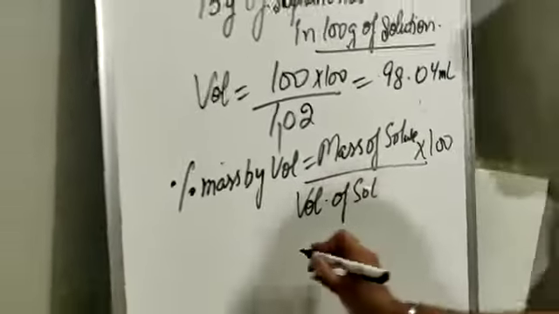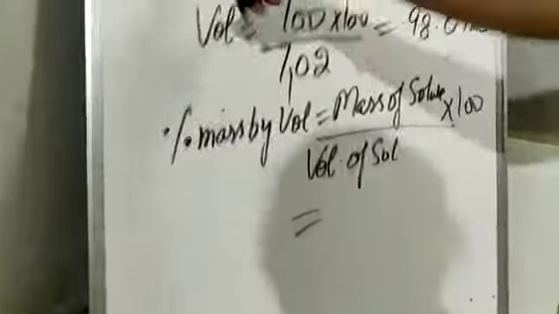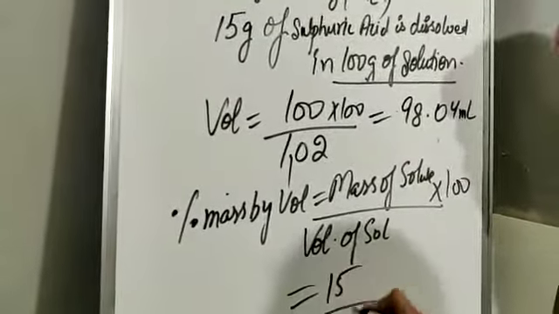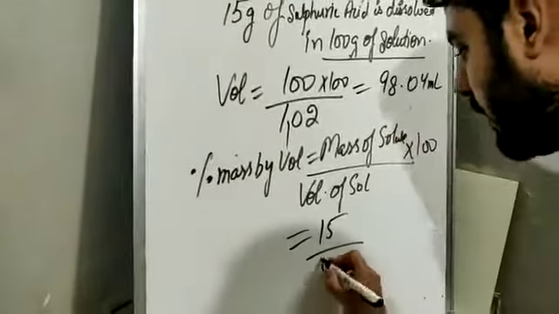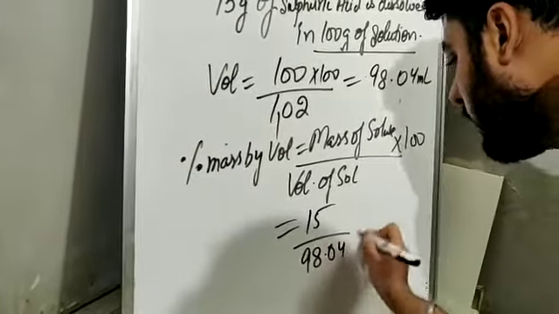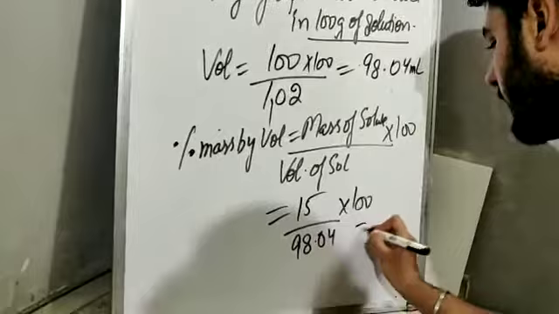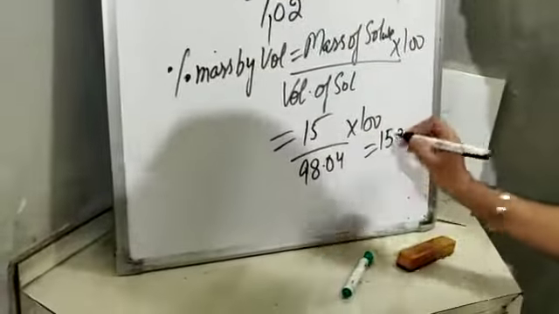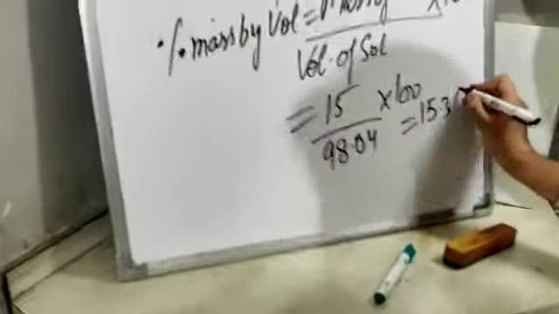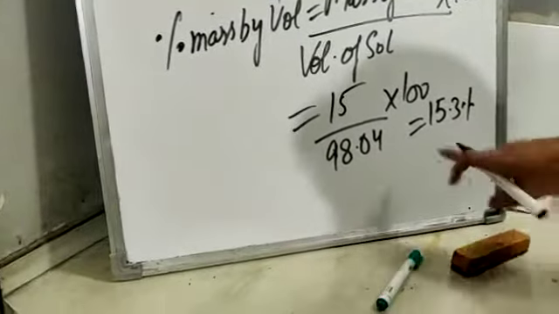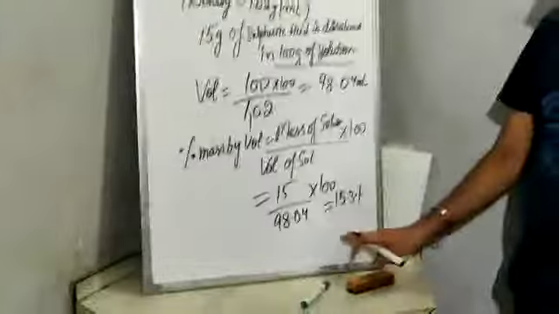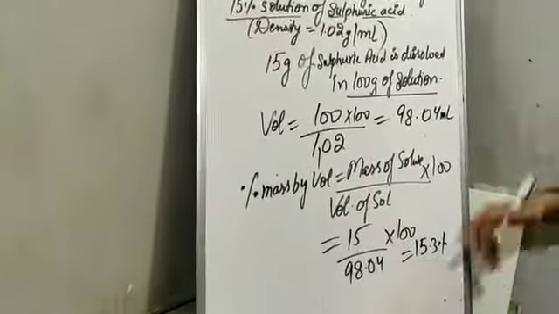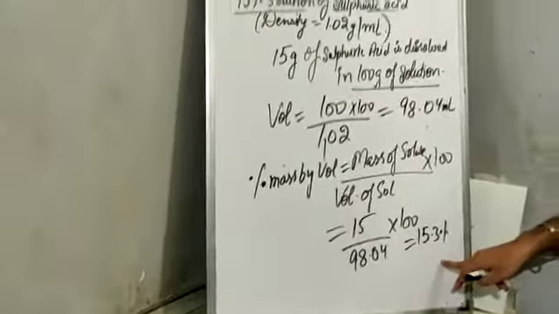So the mass of solute is 15 gram, 15 upon the volume you have calculated, 98.04, into 100. When you calculate it, the answer comes out to be 15.3%. So the mass by volume percent of this solution comes out to be 15.3%.